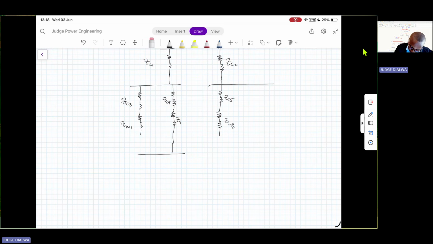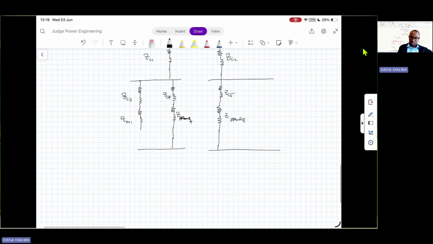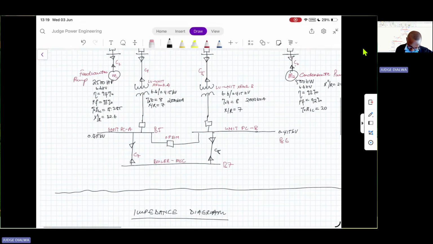We represent them. Better notation. Say X from A, B. And then this feeds PC board B. And what else do we have?